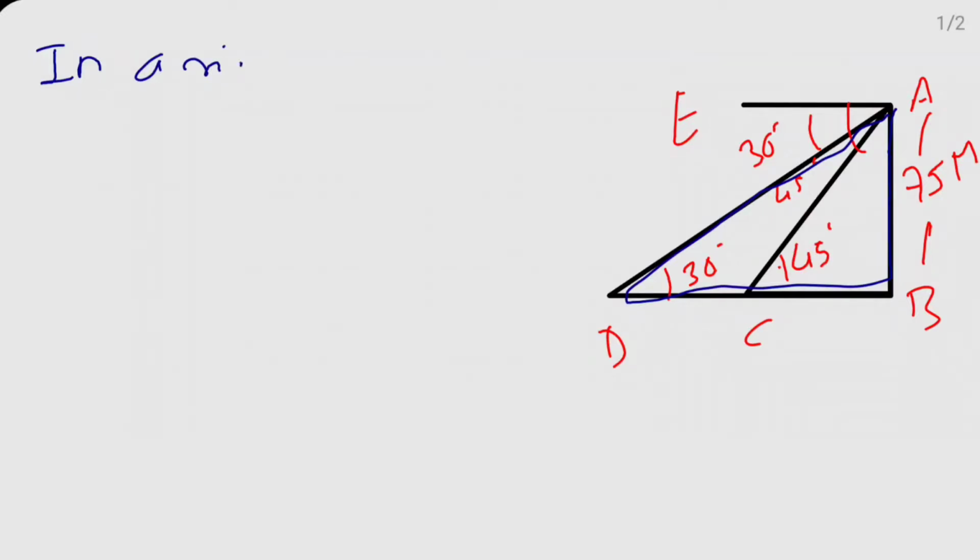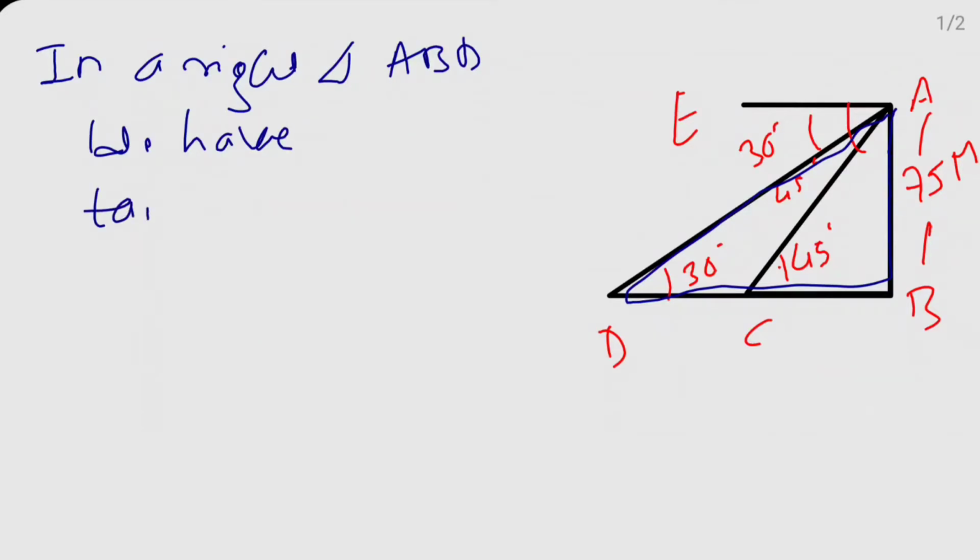In a right triangle ABD, we have tan theta equal to opposite by adjacent.